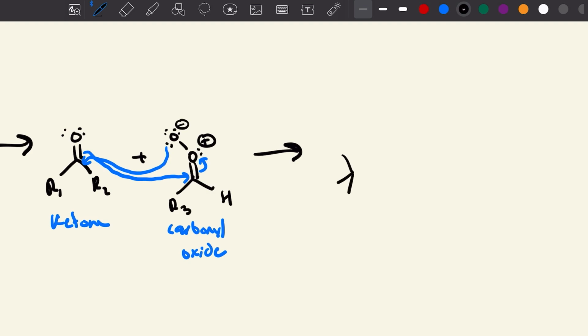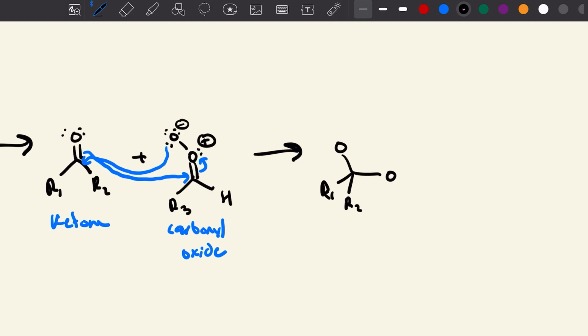So I have our two groups here. We'll have our oxygen, and then I'll be attacking. So this oxygen here is this oxygen here. I just kind of flipped this molecule upside down just to help better orient myself.